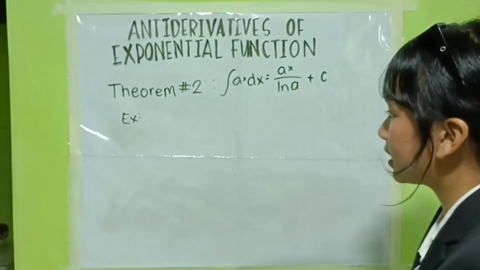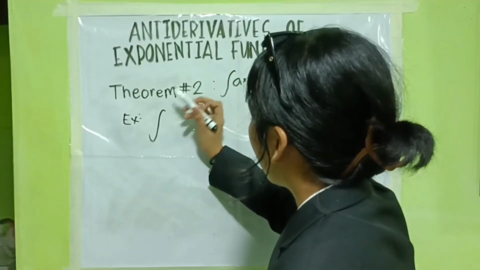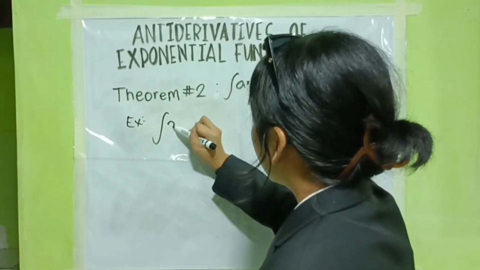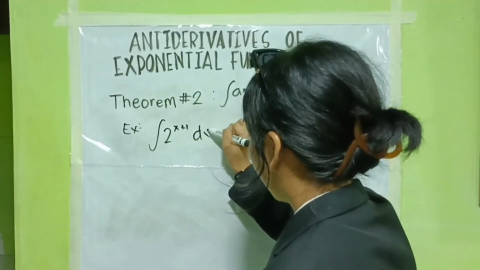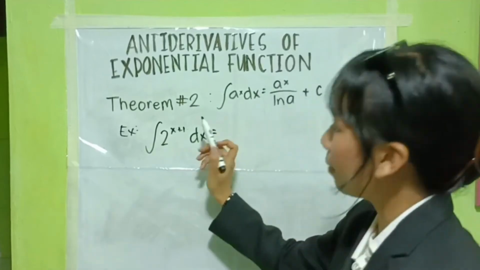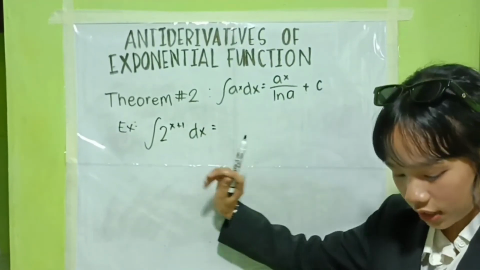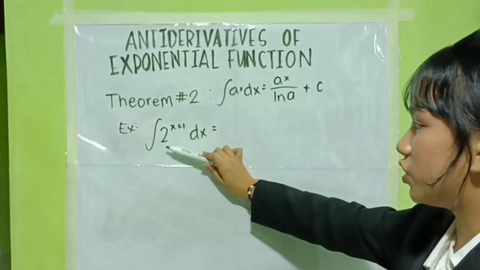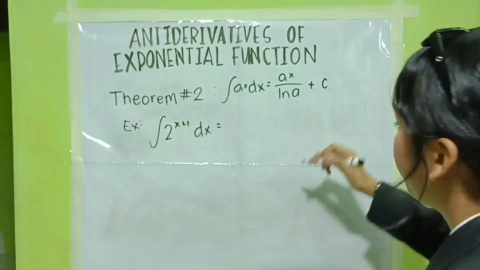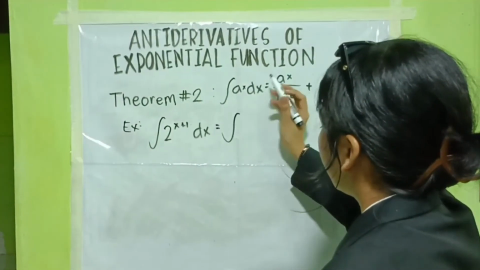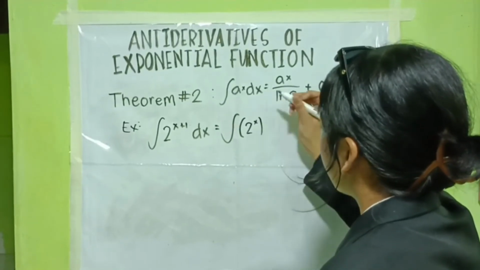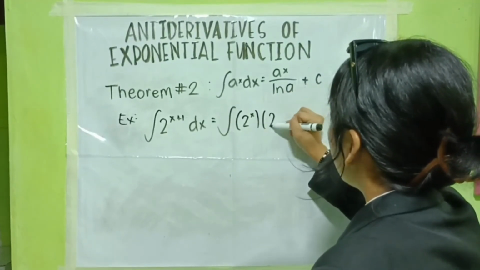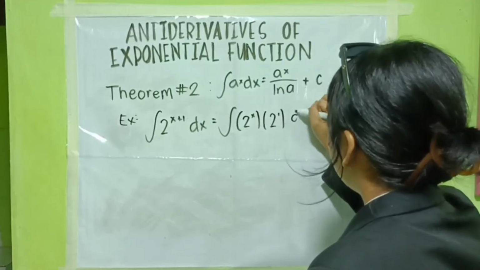Second example, we have the integral of 2 raised to x plus 1 dx. How do we do this? We have x plus 1. What we do first is to expand. So, the integral of 2 raised to x times 2 raised to 1 dx.